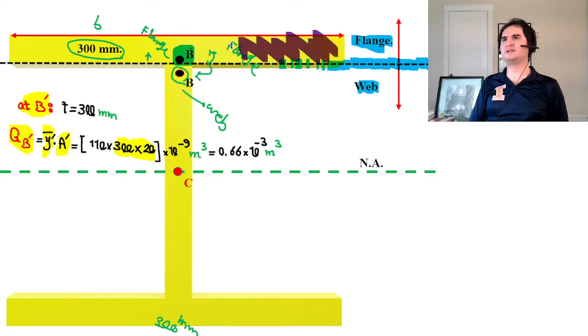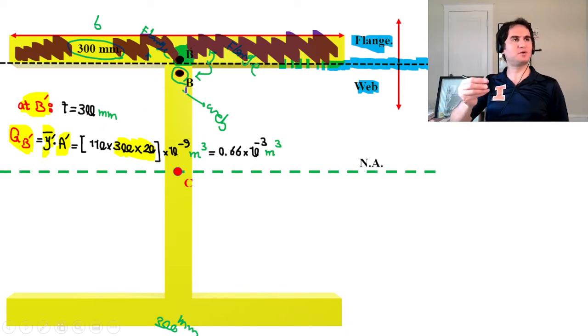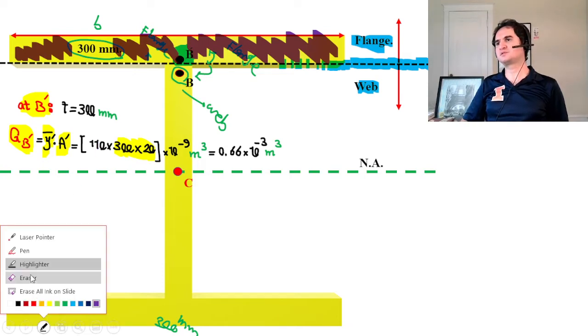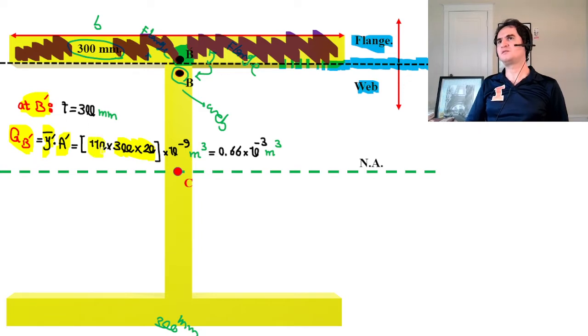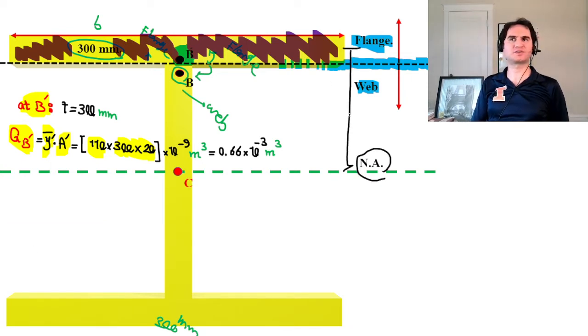This is my flange, with the area of 300 times 20 for B prime, the area which B prime locates, times 110, which is the location of the centroid of the top flange to the neutral axis of the entire system.